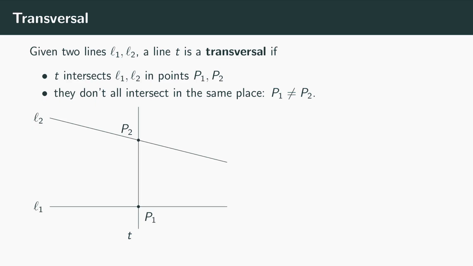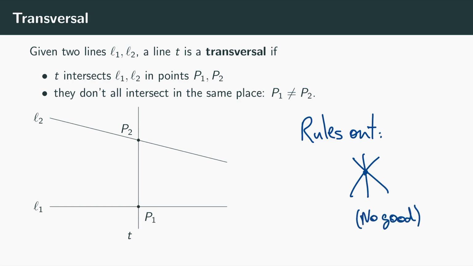This is intended to rule out a situation that looks like a star. If I have all three lines meeting in a point, that's no good. And of course, we're not allowed to have T parallel to either L1 or L2. T has to hit both of them.